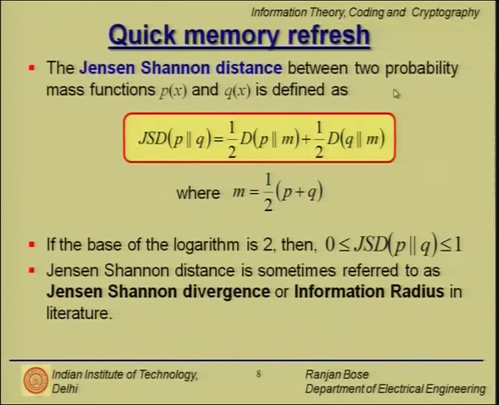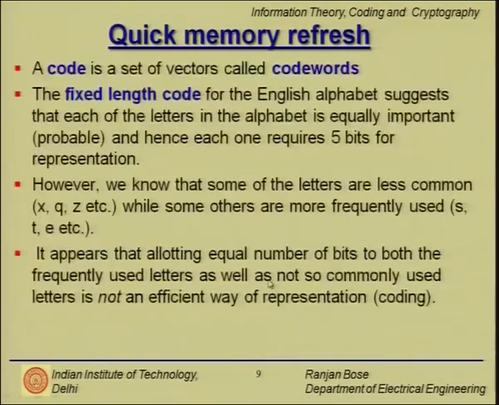Again, it is the distance between two probability mass functions P(x) and Q(x), and it is defined as follows. We found out that if the base of the log is 2, then the Jensen-Shannon distance lies between 0 and 1. In literature, this Jensen-Shannon distance is also called Jensen-Shannon divergence or sometimes information radius.